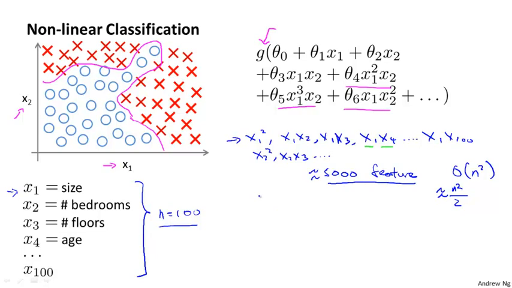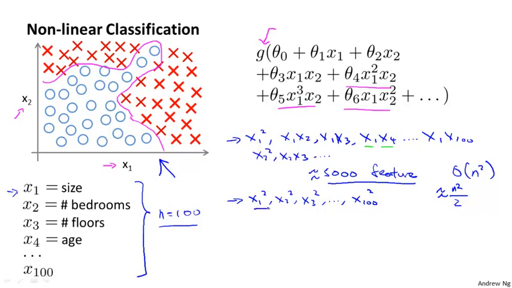One thing you could do is include only a subset of these. So if you include only the features x1 squared, x2 squared, x3 squared, up to maybe x100 squared, then the number of features is much smaller. Here you have only 100 such quadratic features, but this is not enough features and certainly won't let you fit a data set like that on the upper left.